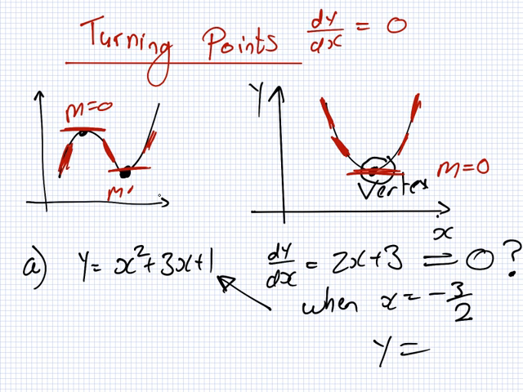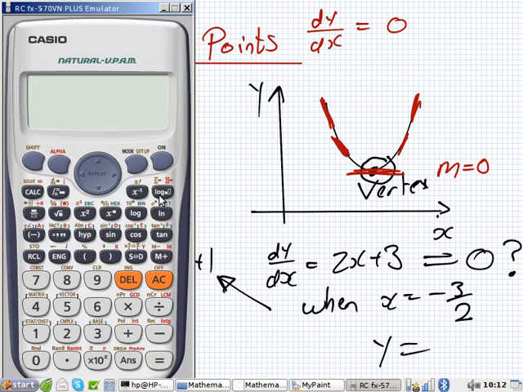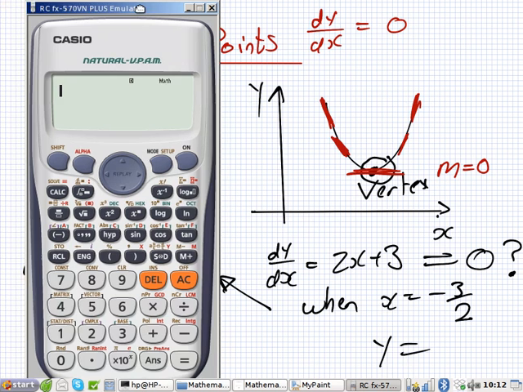Got that? So when the question says find the turning point, you don't even have to explain that the turning point has a derivative of 0. They expect the first thing for you to write is derivative equals 0.